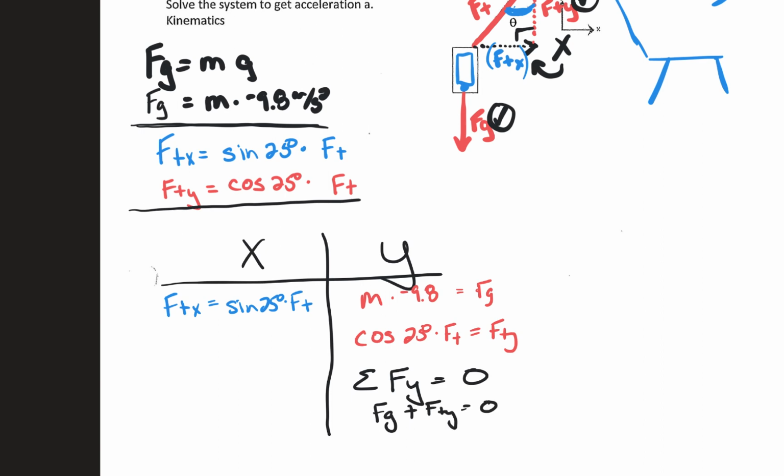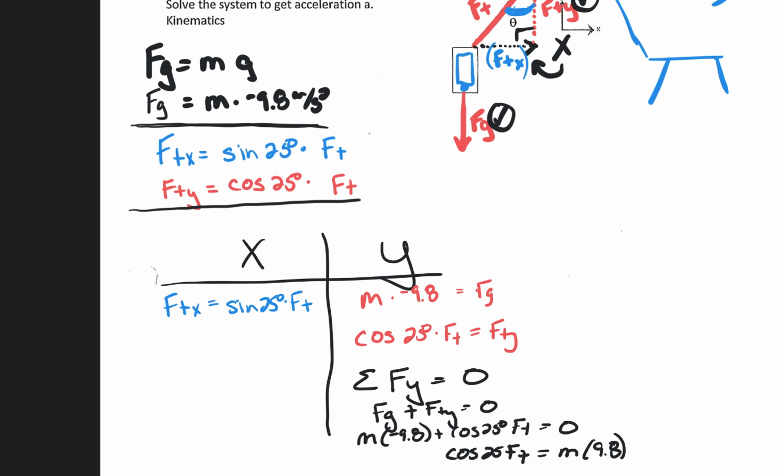And so that tells us that we have m times negative 9.8 plus cosine 25 FT, we're doing substitution here, equals 0. And what we're going to do is rearrange this. We're going to rewrite this as cosine 25 FT equals m times positive 9.8. When you move the m times negative 9.8 to the other side, it becomes positive 9.8m.